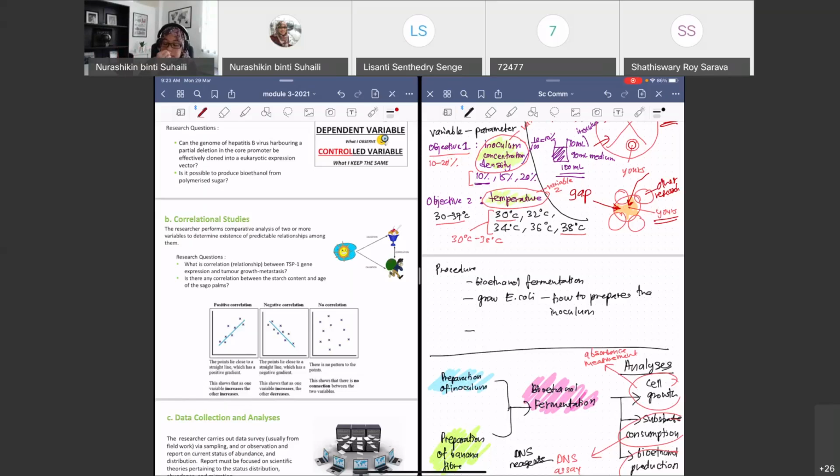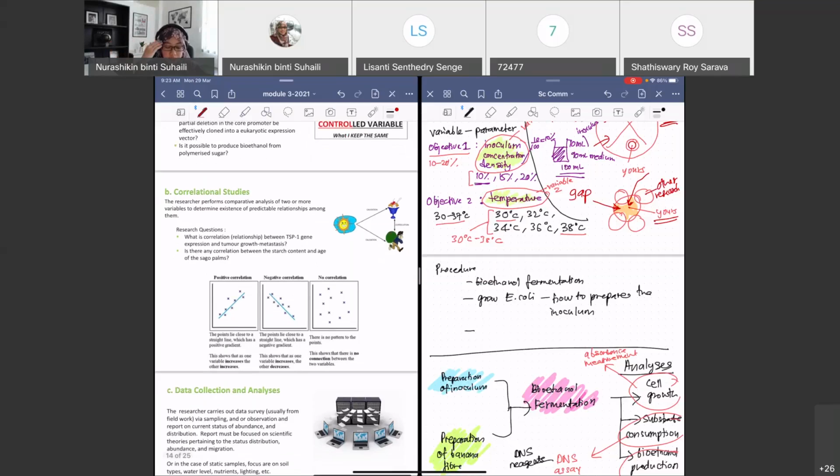If you vary both variables, what happens to the bioethanol fermentation, and do they correlate to each other? Does variable 1 depend on variable 2 or not? You want to find the relationship, the correlation, between the variables that you study.